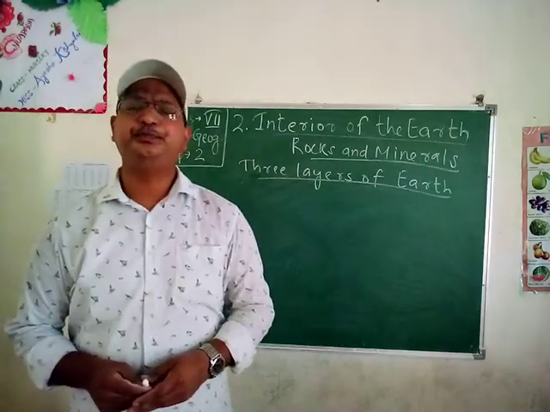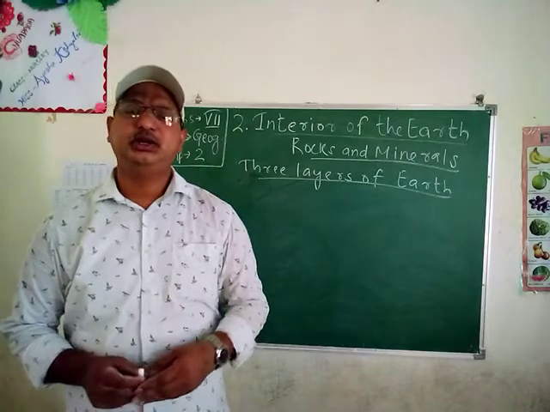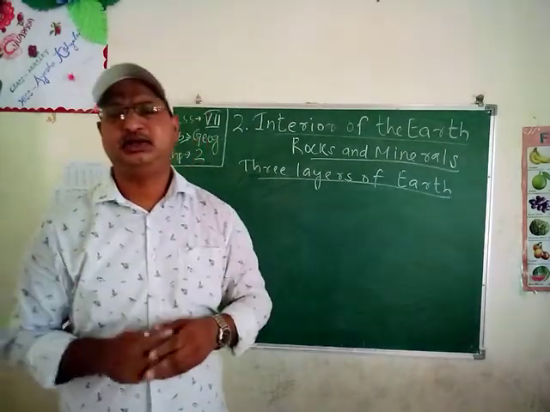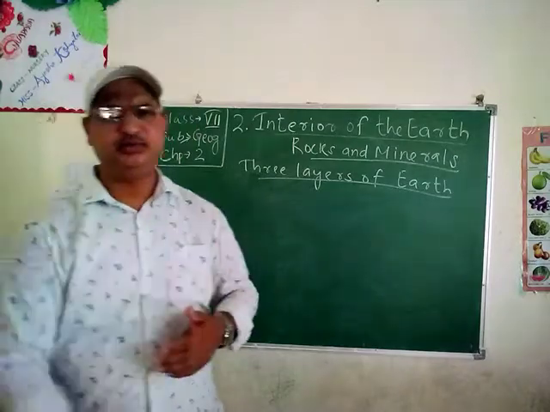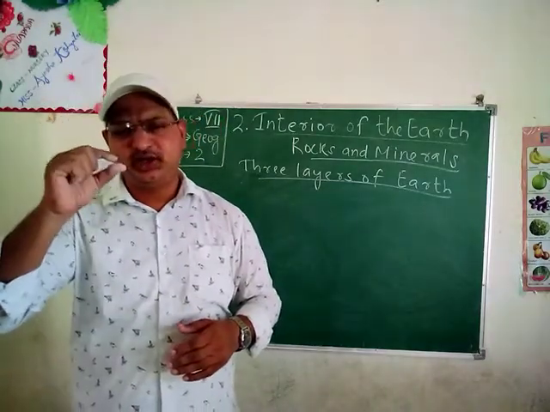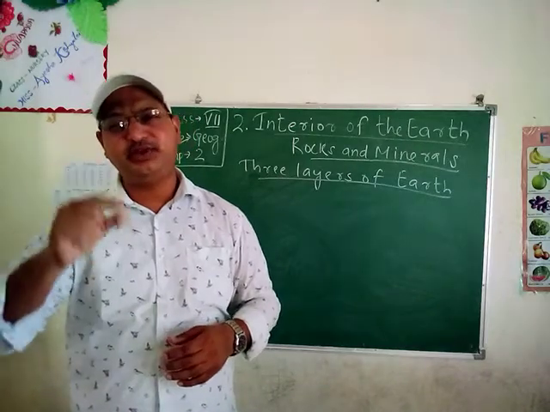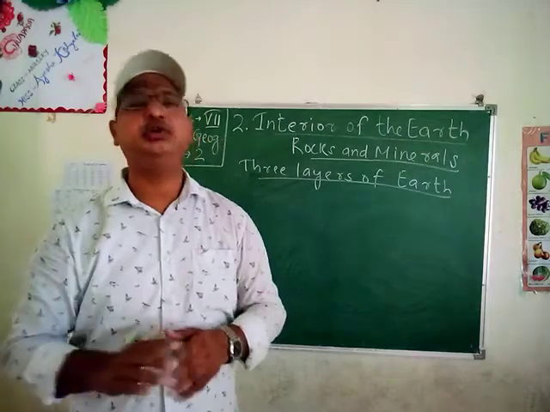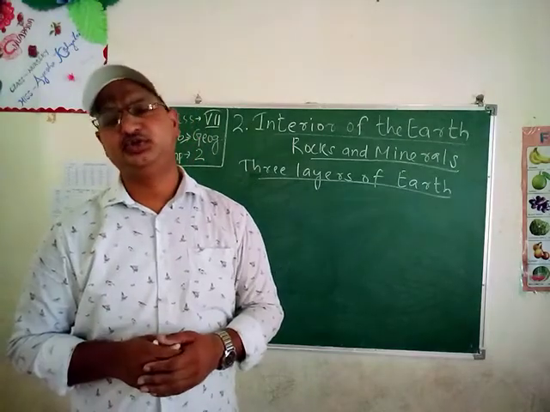The first one is crust, the second one is the mantle, and the innermost is the core. So students, if you see the watermelon, the upper part is greener. Then if you cut through it, we will see a white layer. Then the red fleshy part which we eat. There are seeds also, but we will not take seeds into consideration.